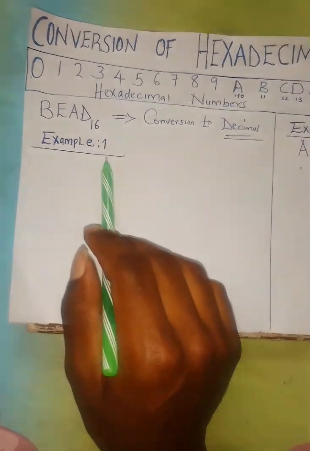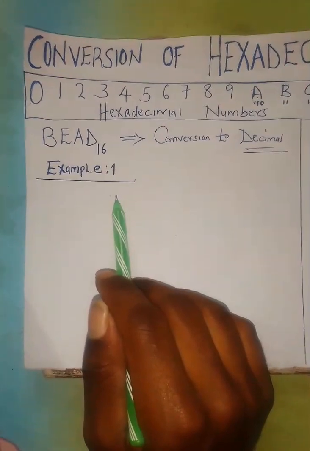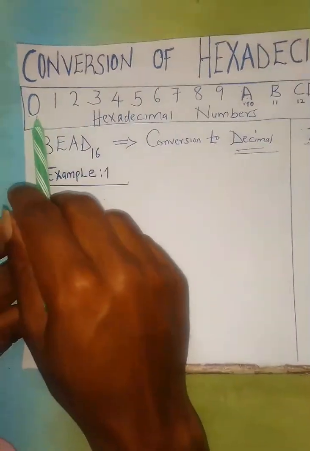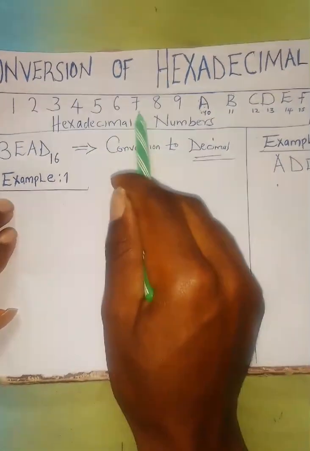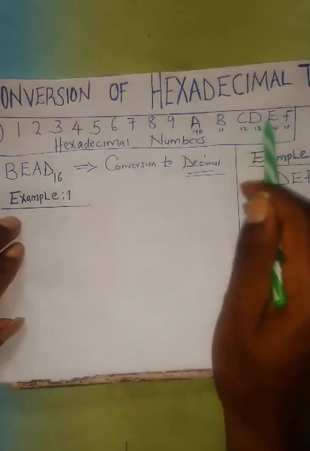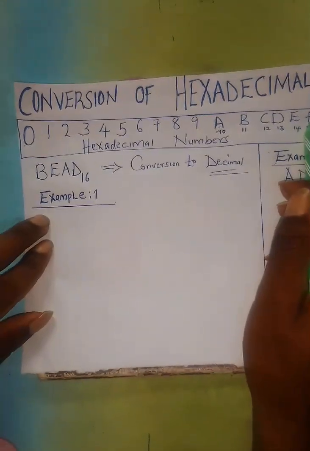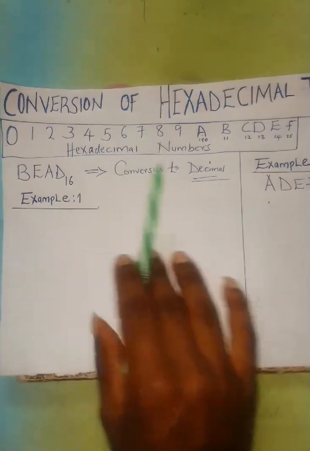Now you must note that hexadecimal is made up of 16 digits, starting from 0.